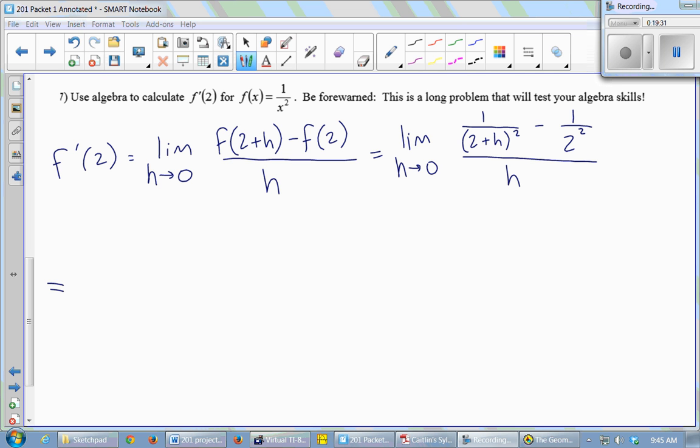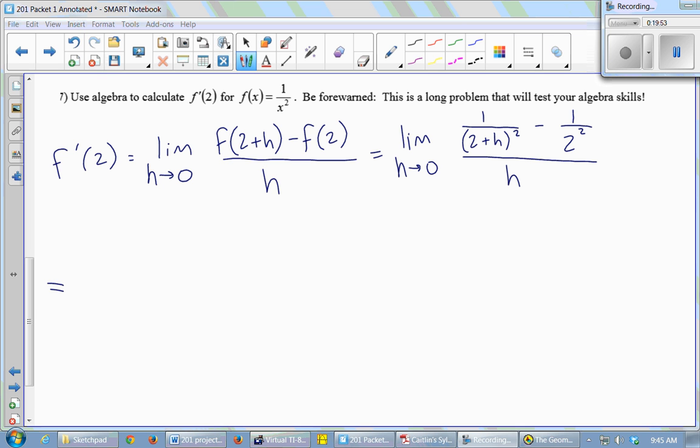Plug in 0.1, 0.01, 0.001. We're interested in the behavior near 0. If we could figure out what the behavior is at 0, as long as that thing is continuous, we'd know exactly what was happening. But at this point, I can't plug a 0 into this expression. Why not? It'll make my denominator 0, and you can't do that.